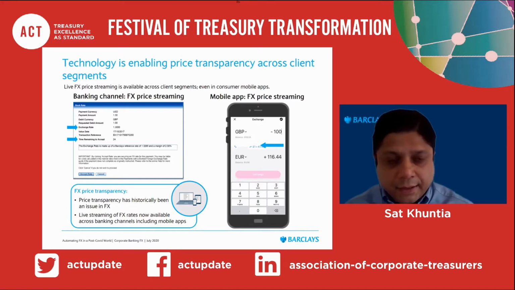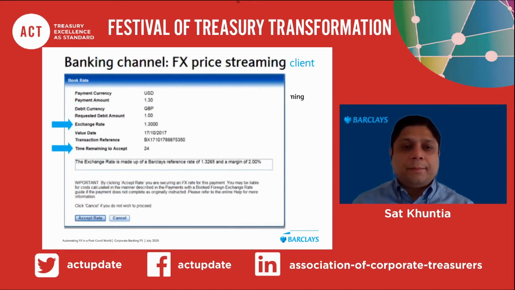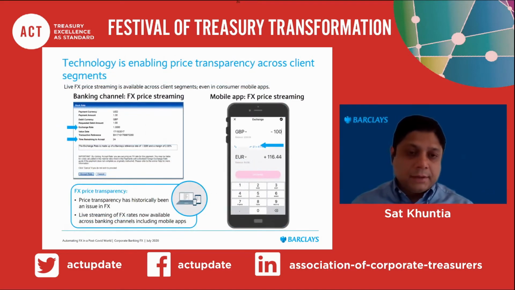So on the left-hand side, I'm showing an example from our corporate banking web channel, where we have thousands of clients who book their FX payments transactions through those channels. We have 100 plus currencies available in which they can pay their suppliers or beneficiaries or receive monies from their clients.